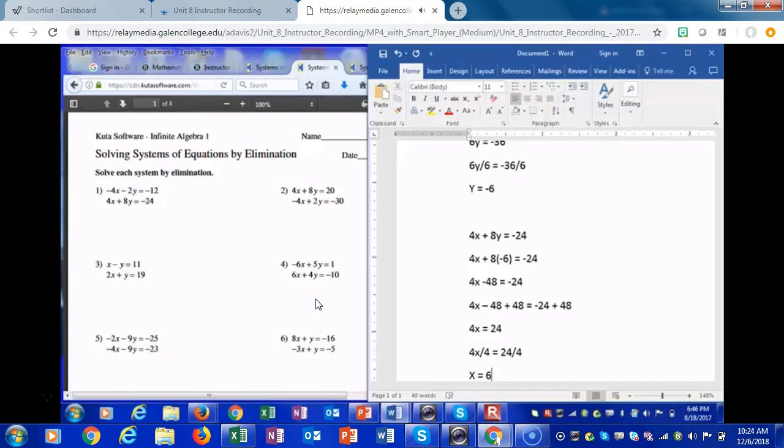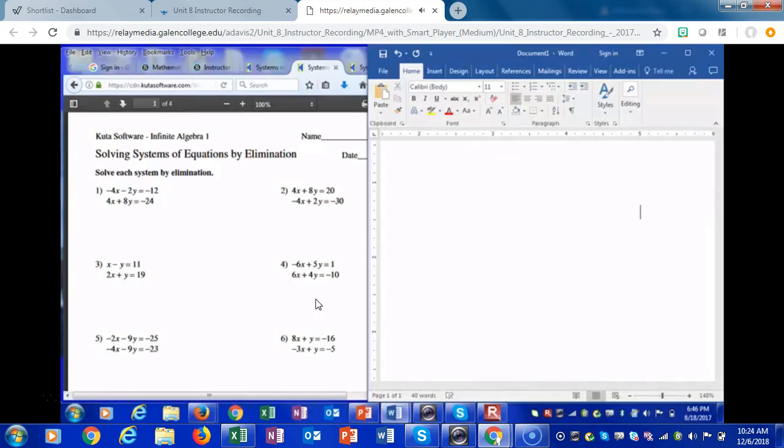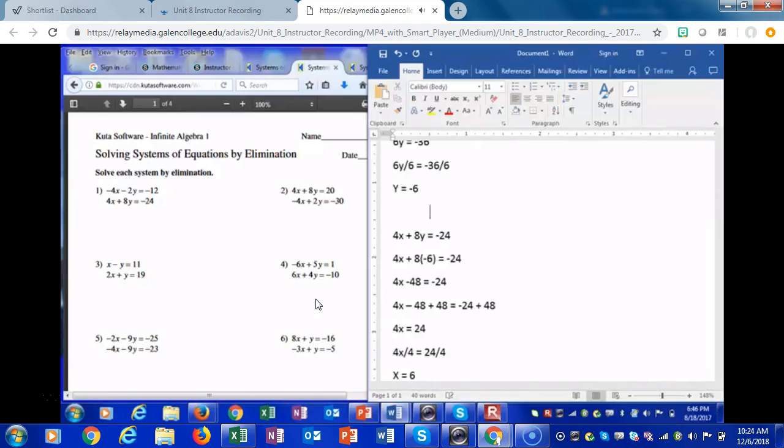And of course, you can do the check step on this as you like, just to make sure that you got the correct answer. So your final answer is 6, negative 6. That's your coordinate pair for this situation.